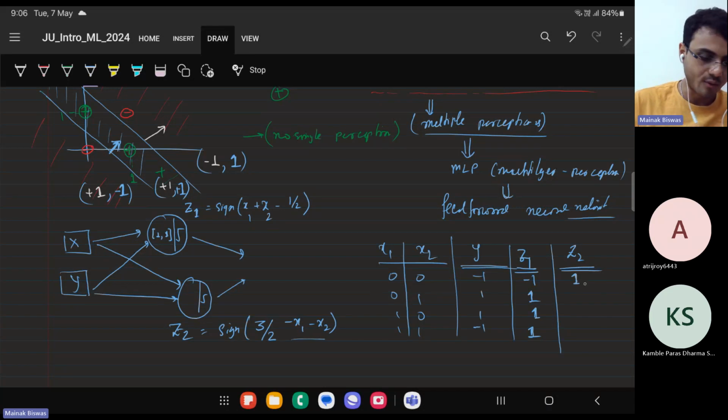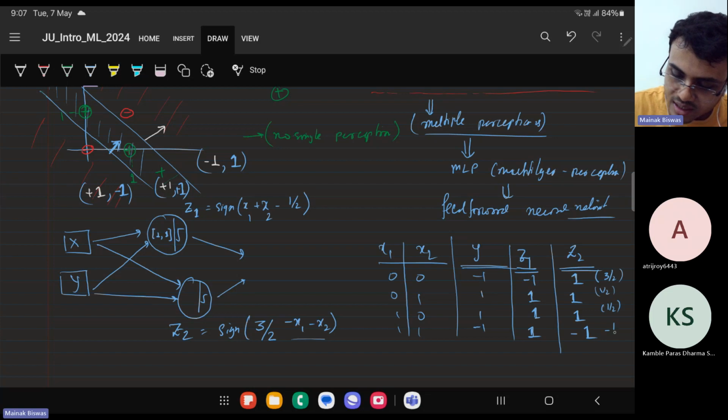It's 1. Whatever I wanted, I'm getting. 0, 1, that is half, so it is 1. This is also 1, this is half. This is minus 1, right? So I'll put it in brackets if you're not following. 3/2, half, half, minus half. Minus half, half, half, 3/2. Okay.